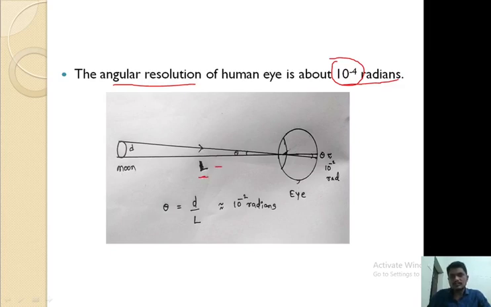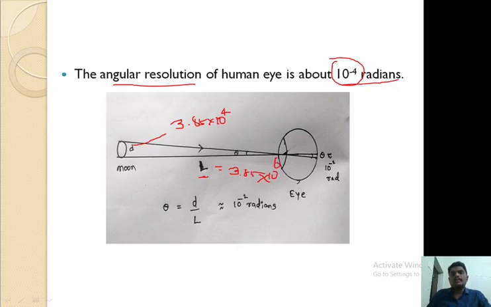Actually the distance is about 3.84 into 10 power of 6 meters, and the diameter of the moon is about 3.85 into 10 power of 6 meters, in the order of 10 power of 6.